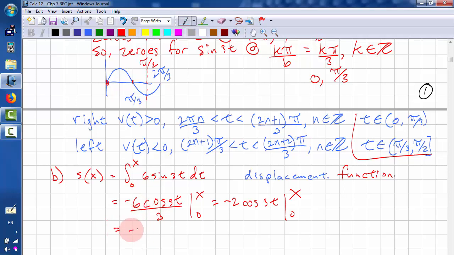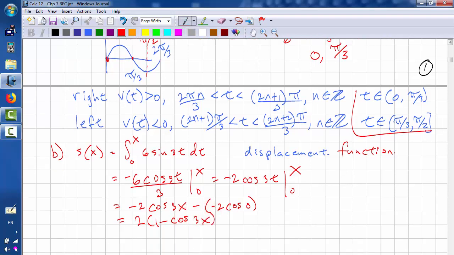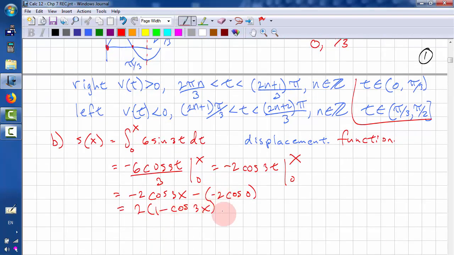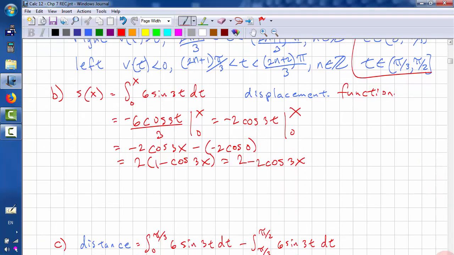And we substitute, we get negative 2 cos 3x minus negative 2 cos 0. And that gives us 2 times 1 minus cos 3x. You can write it like this, or you can write it like 2 minus 2 cos 3x. It doesn't really matter. They're simple enough that either one is fine.